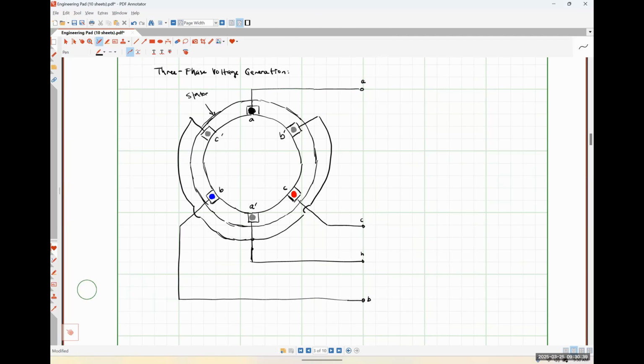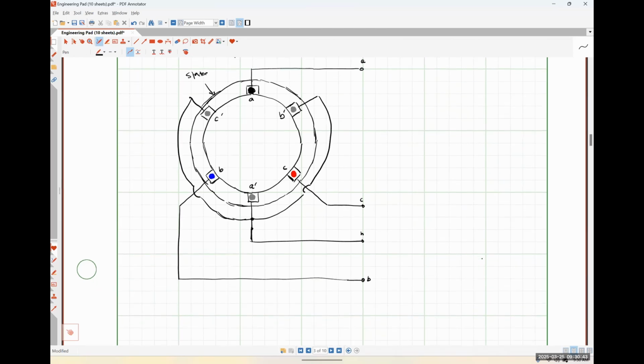So essentially, when I have access to those three terminals, I will have access to the following three voltages, okay? So I'll have a VBN, so that's the voltage measured between the B terminal of my stator and the neutral terminal of my stator. I will have access to a voltage VCN between my C terminal and my neutral terminal.